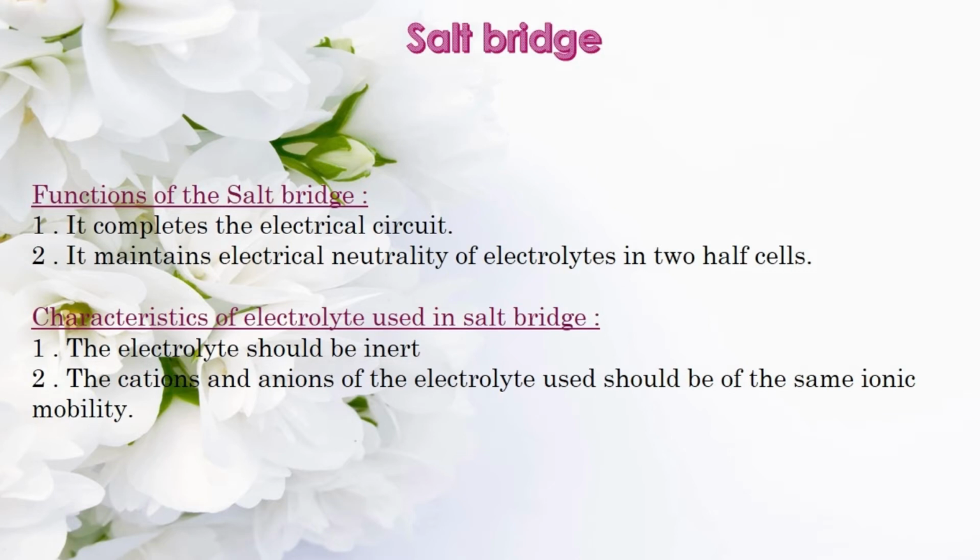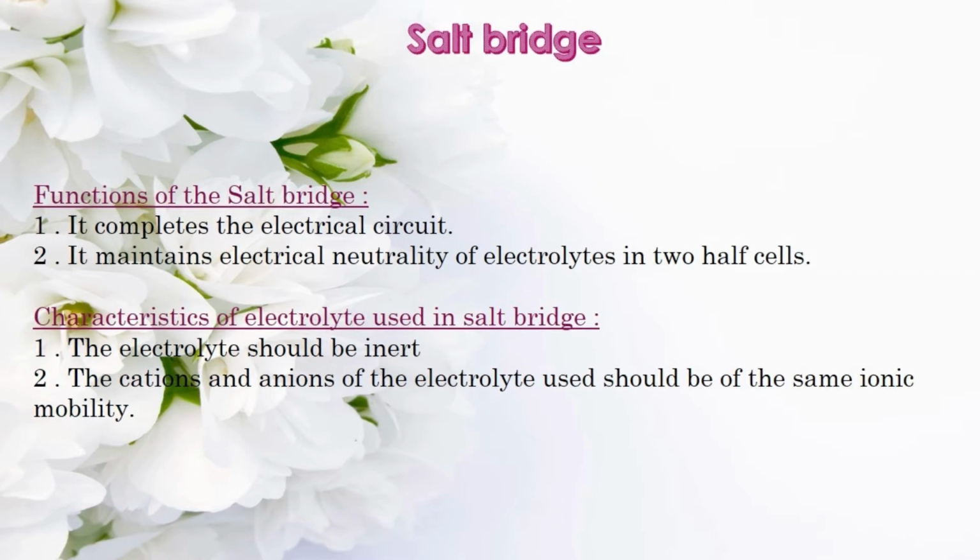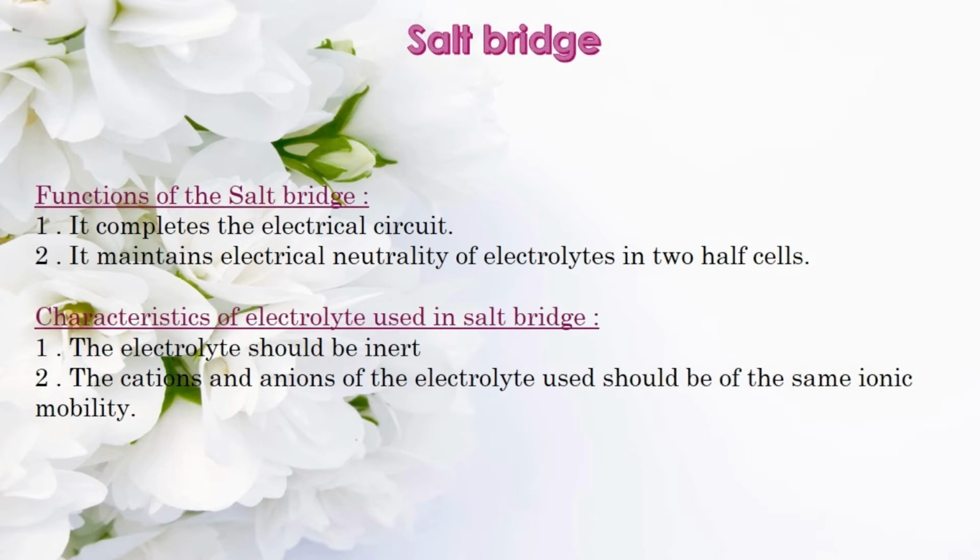Thus, the flow of electrons will stop after some time and the cell will stop working. However, the accumulation of charges in the two half cells is prevented by using a salt bridge, which provides a passage for the flow of charge in the internal circuit.